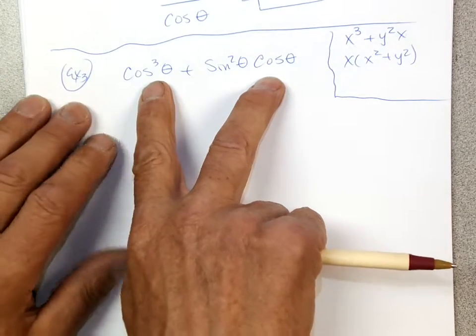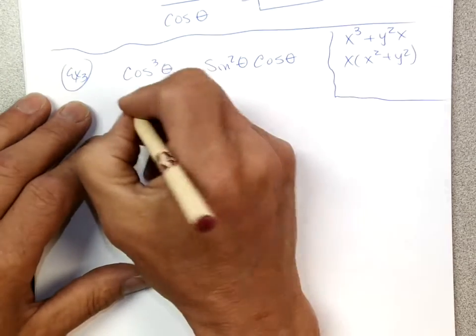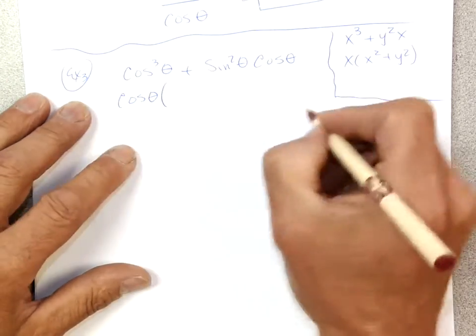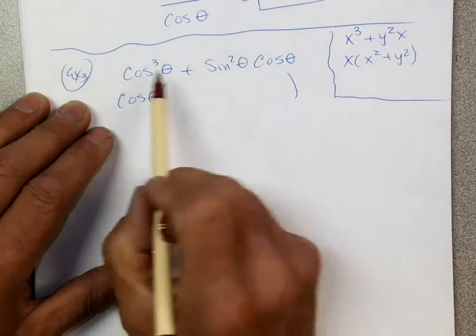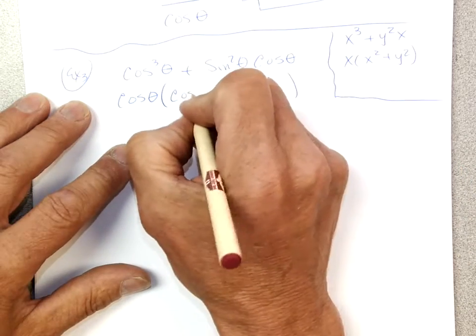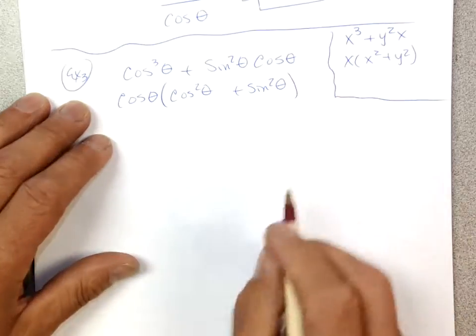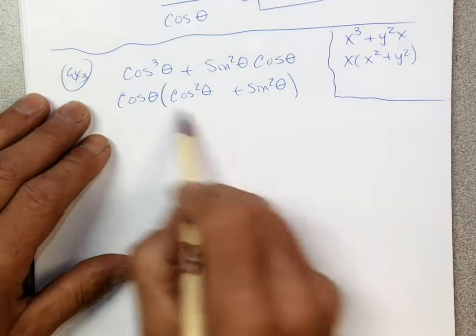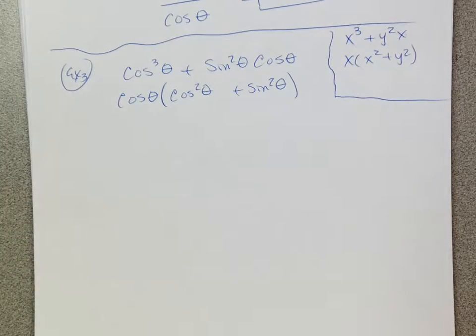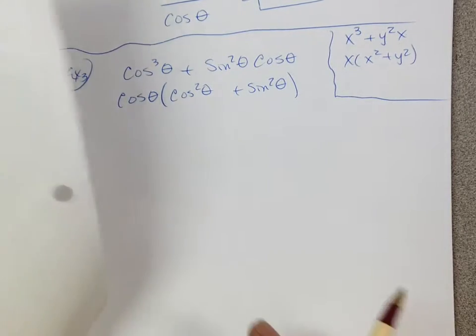So I'm looking at it. Both have a common cosine, so I'll take out a cosine theta. If I take out my cosine, I'd be left with cosine squared theta plus sine squared theta. Cosine squared, sine squared. Oh, wait a minute, that looks familiar. So I look at my Pythagorean identities.